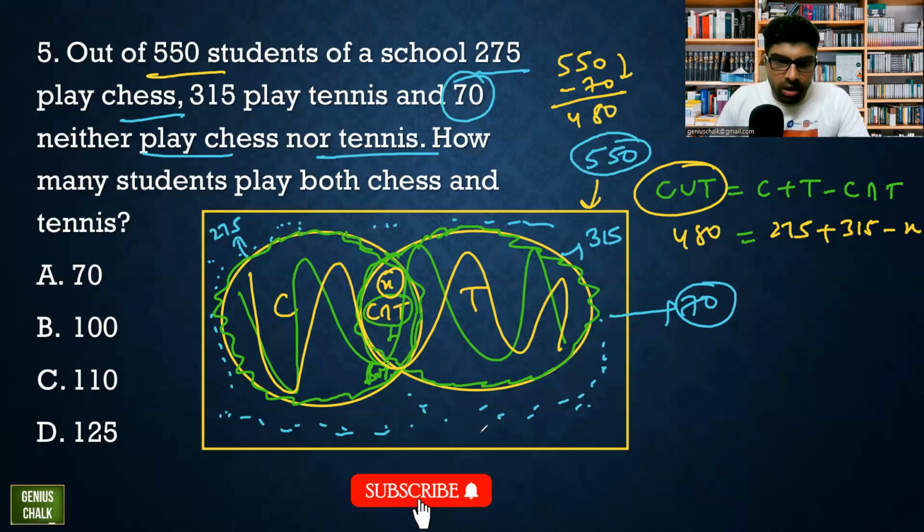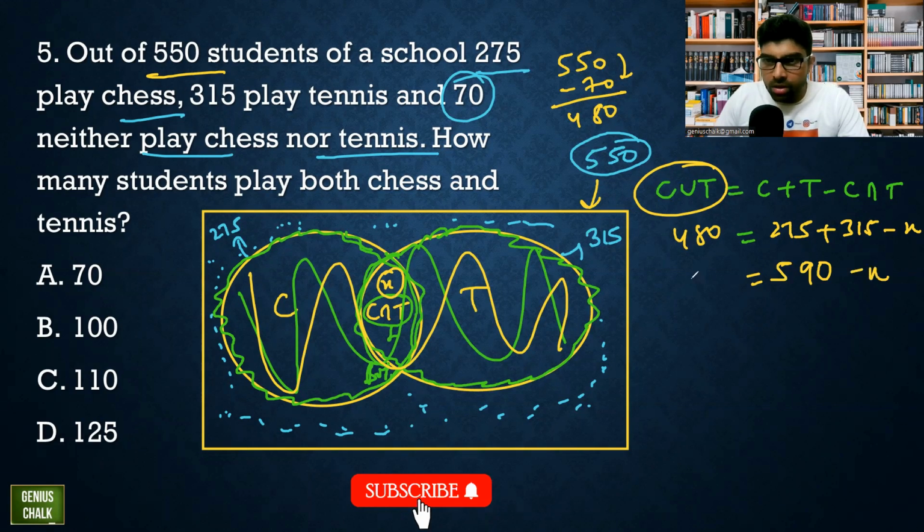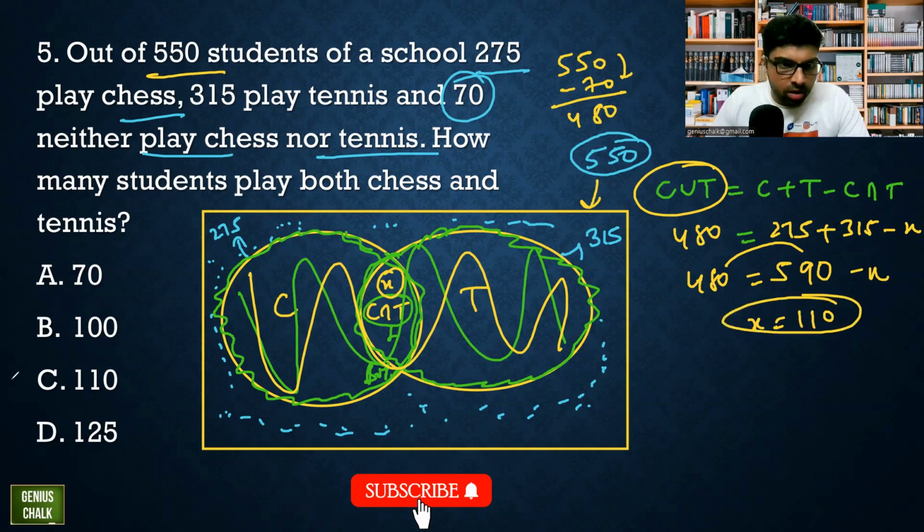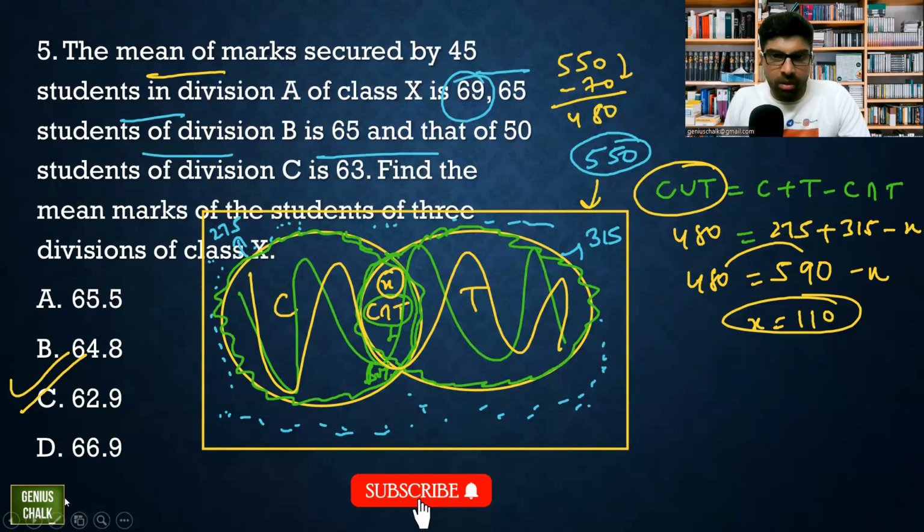So you can find your answer now. This is 480. So 275 plus 315 is 590, minus x equals 480. So x will be 590 minus 480, that is 110, which is option C. So this is the question of basic Venn diagram or set theory.